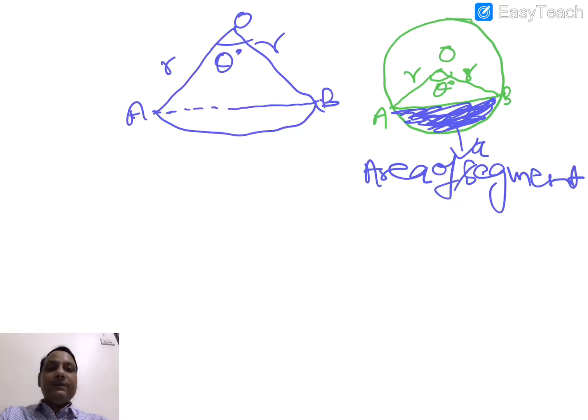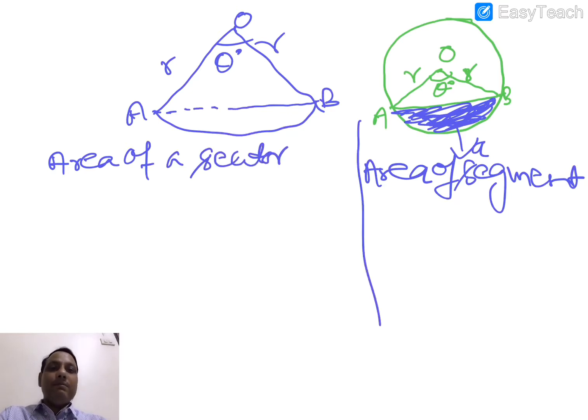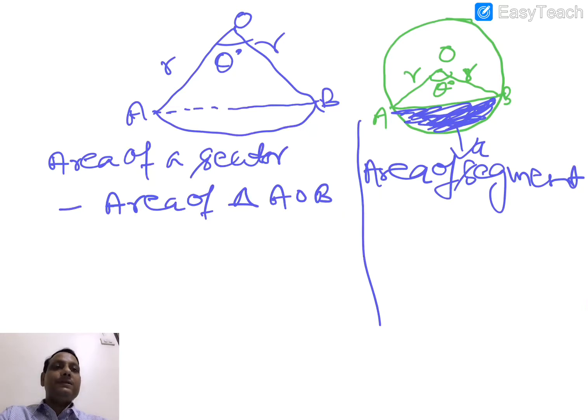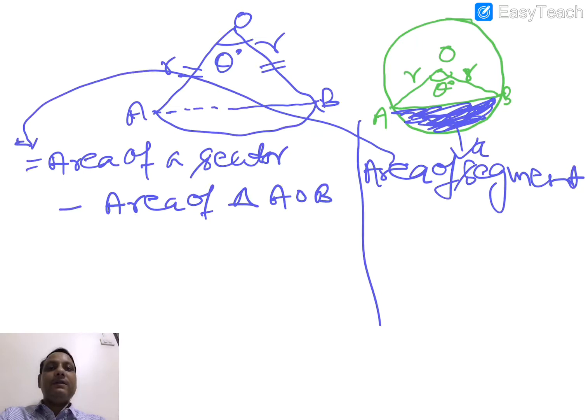So you can say area of a sector minus the area of triangle AOB. As you all know, in this triangle the radii are always equal. So first we are finding the area of a sector.